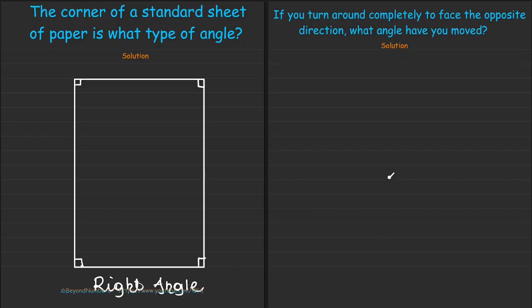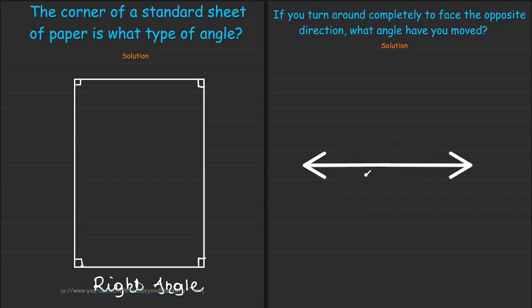So let's say you are facing this direction and you now turn, so from this direction, you turn completely to face the opposite direction. This is the opposite direction. It says, what angle have you moved? If you look at it carefully, you would realize that a straight line has been formed. You see, a straight line.